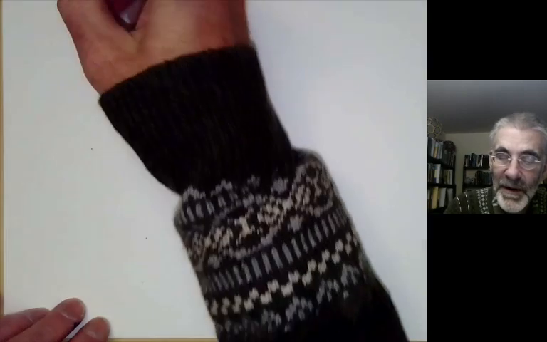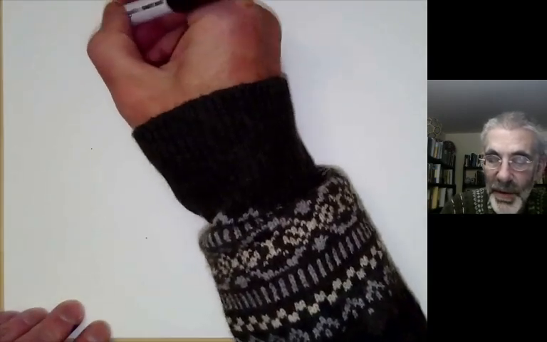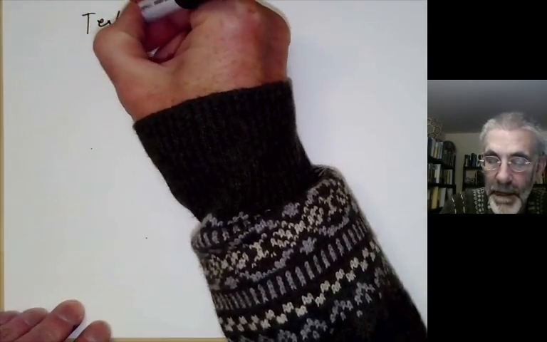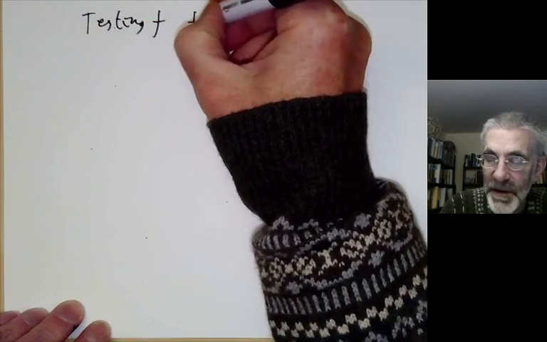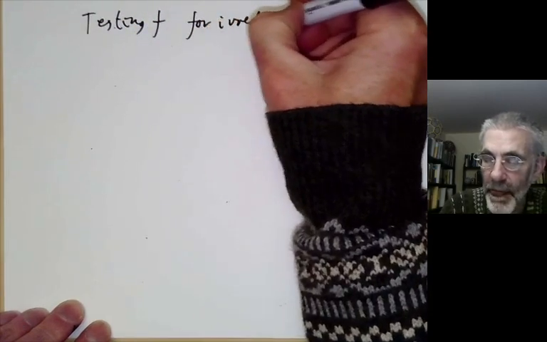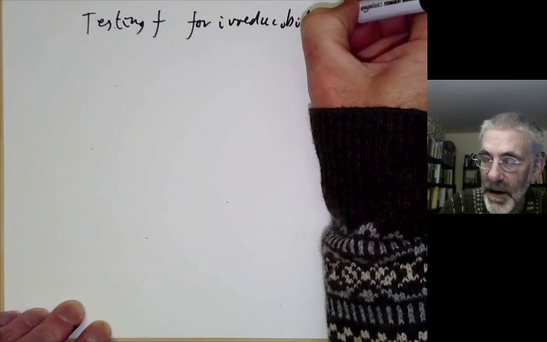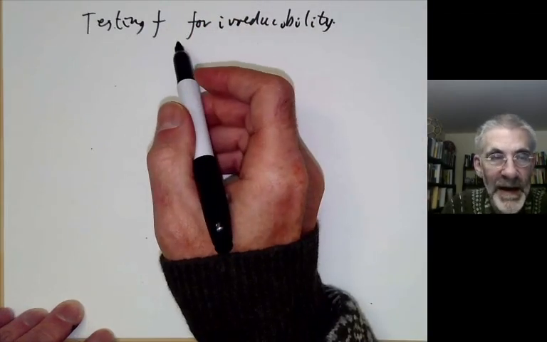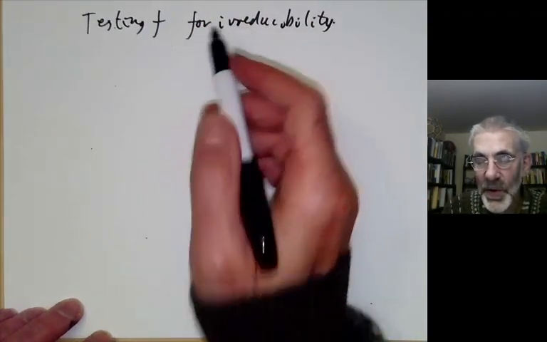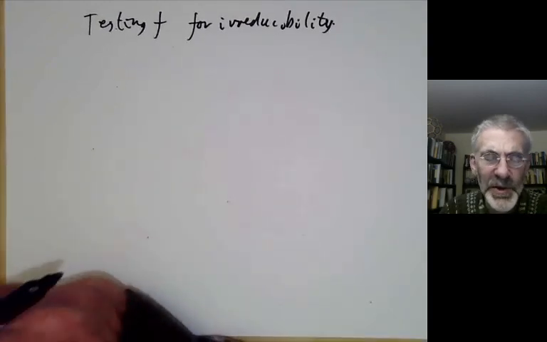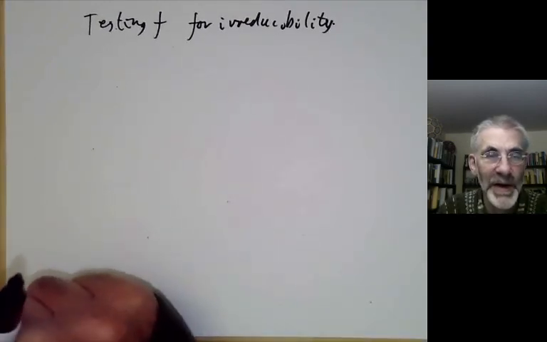So now I will talk about the problem of testing f for irreducibility. Here we're not asking to factor f, we're just asking whether or not f is irreducible. This is usually an easier question than factoring f.